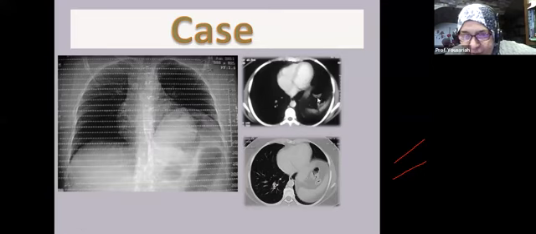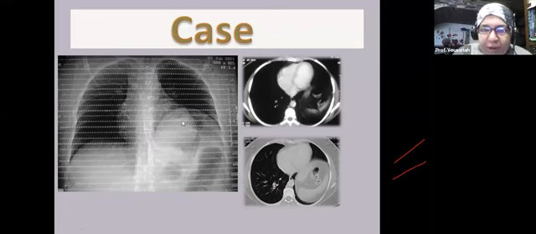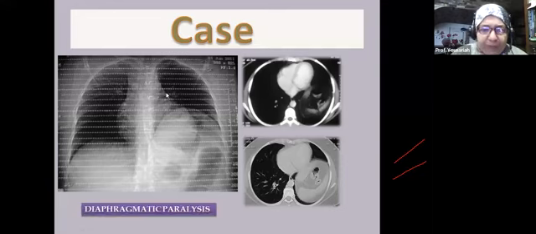Okay, it's only the viscera because it's higher in level, as you can see. There was no mediastinal shift. This was a case of paralysis of the diaphragm, again, due to injury of the phrenic nerve during the operation. It's diaphragmatic palsy. The diaphragm is elevated, showing the viscera below it.